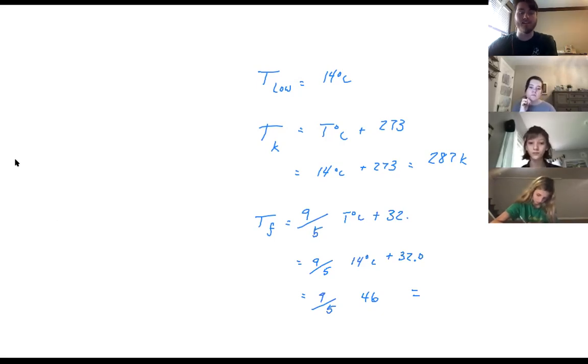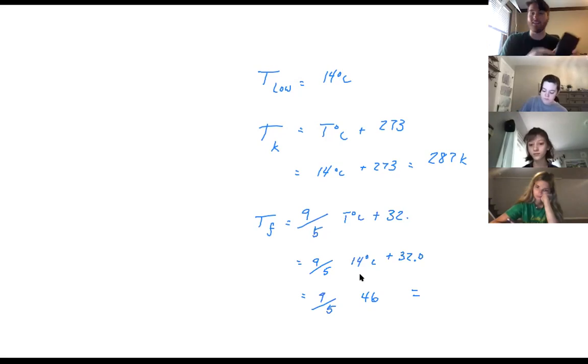So instantly I started thinking we added parentheses around this 32, meaning we would add it first and then multiply by 9/5, and you would get the wrong answer. But if we follow the equation here, the temperature Fahrenheit is 9/5 temperature Celsius plus 32, so we do 9/5 times 14.